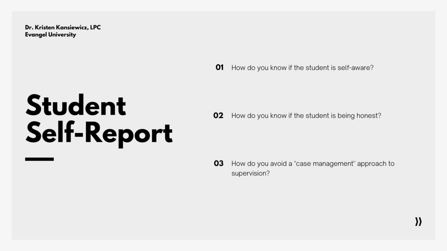So it may be that they're not aware enough to bring the right things into supervision. Unfortunately, sometimes students or supervisees may not be honest because they are ashamed of mistakes they make, or they want to paint themselves in a certain light with you. So we'll talk about that.